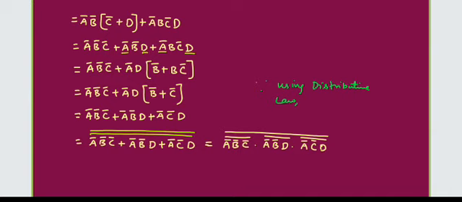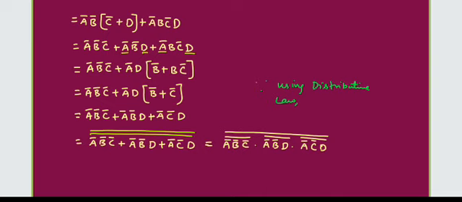Output of NAND means, generally we know the variables should be in multiplication and whole complement. See, the actual expression is in addition. The plus sign is there, so we need to convert it into multiplication. Generally, for changing the plus sign into multiplication or multiplication to addition, which theorem do we use?